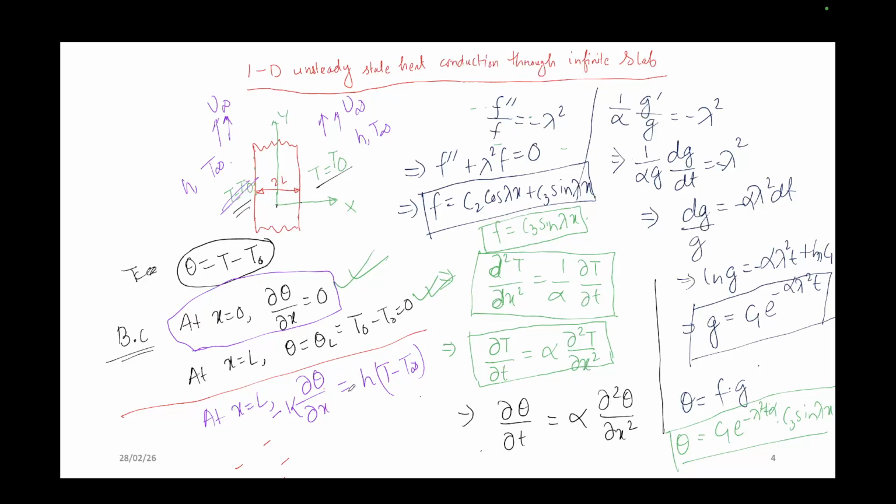In this way you need to do. And another thing is that this theta in that case, at this it is t infinity, so this is also your h theta. So this is the new boundary condition for a convection.